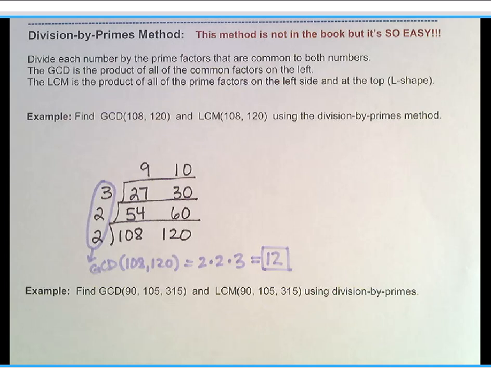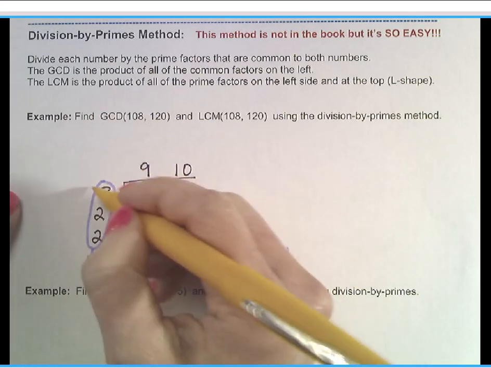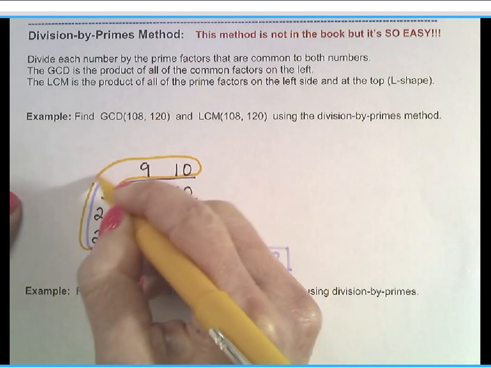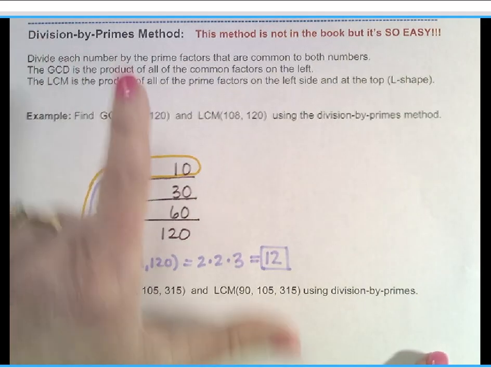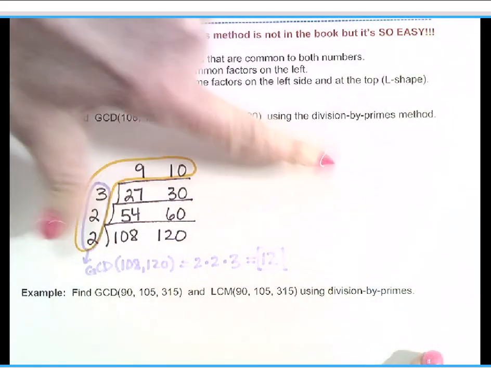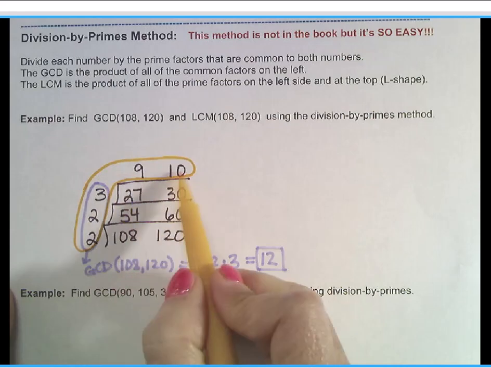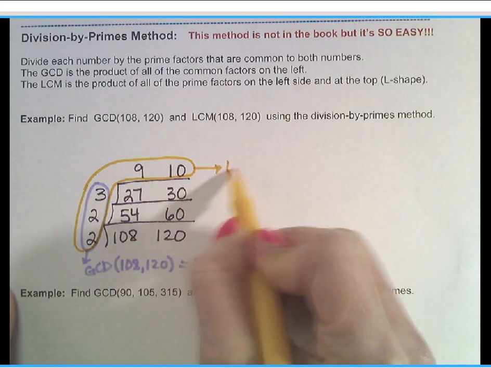To get the LCM, you're going to do like an L shape. Okay, you're going to grab the common factors and these little leftovers on the top. So if you think of like an L shape, but you kind of turn your hand, I know it's a stretch, just go with me. So that's kind of like L-shaped. That's how you're going to get your LCM.